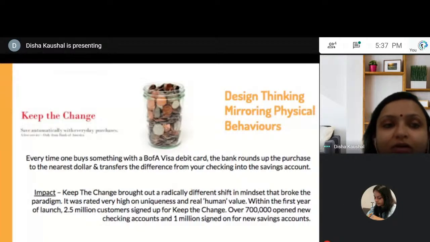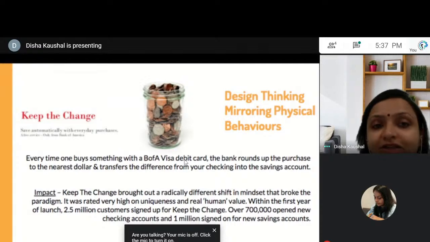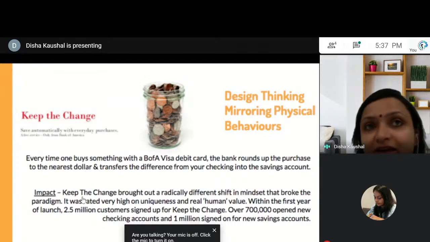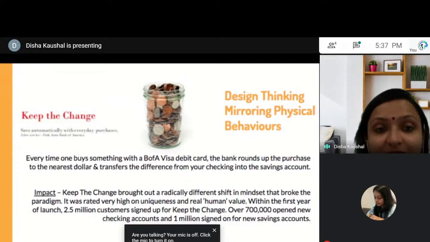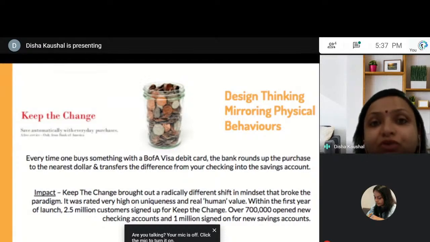So we have discussed three examples today. One was that of the Embrace Infant Incubator, which again is an excellent example of how problem redefinition and proper understanding of the setting, the context of the problem where it is happening, drastically change the way in which you will ideate, the way in which you will prototype, and the conditions under which you have to test your product.